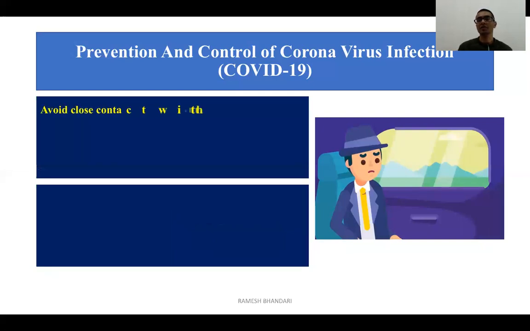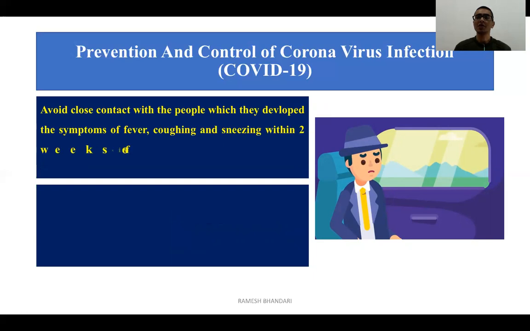Another important measure in controlling and preventing the COVID-19 virus is to avoid contact with people who have developed symptoms of fever, coughing, and sneezing within 2 weeks of a visit to a high risk zone of coronavirus infections.